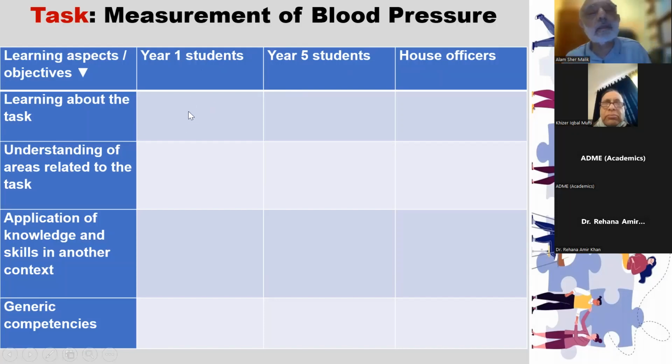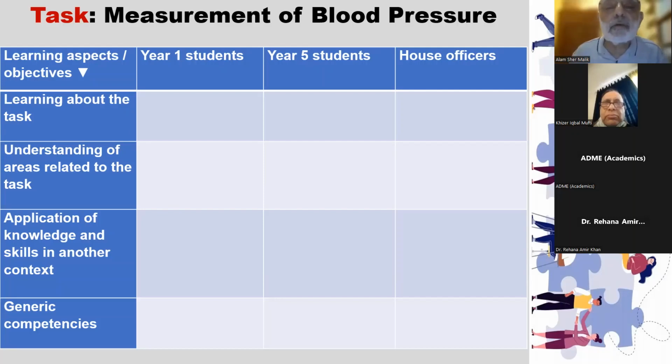So just think, what are the areas? For example, the second one, understanding of areas related to the task. So what are the areas related to blood pressure measurement which a first-year student would learn? Maybe, for example, the blood supply, maybe the location of arteries, maybe feeling the radial artery, something like that.